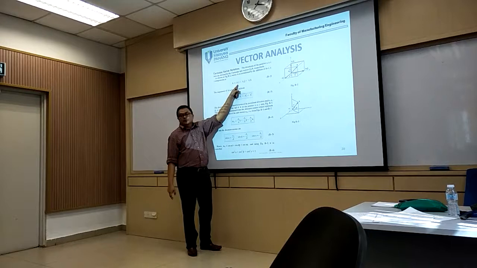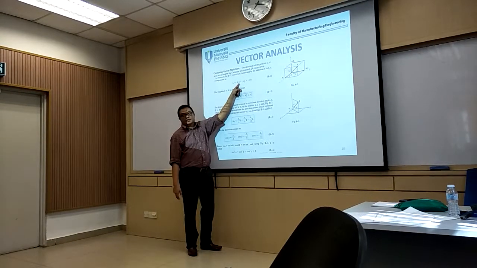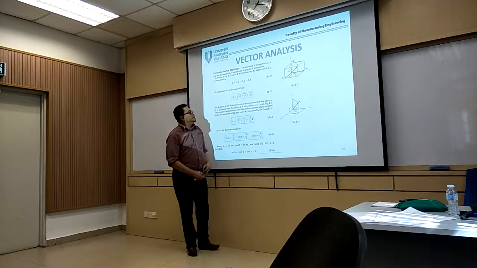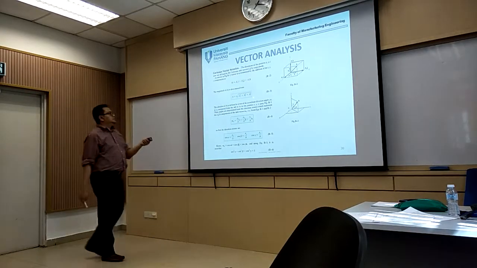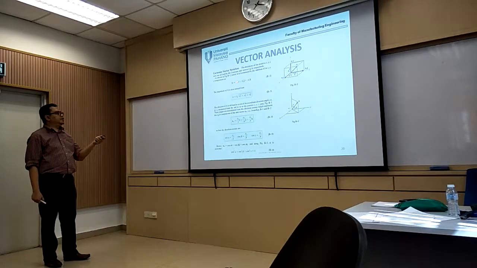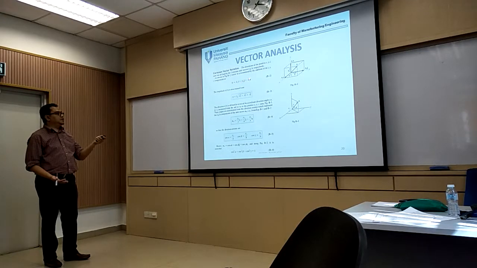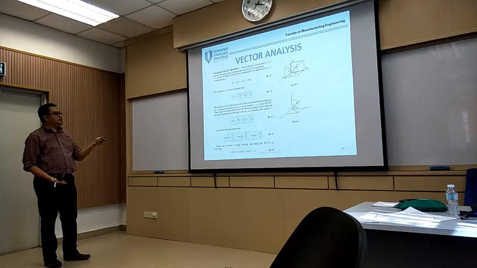Ax, the magnitude, and this is the direction. This is the value or the magnitude in i, the magnitude in j, and the magnitude in k. The total magnitude will be the square root of this.